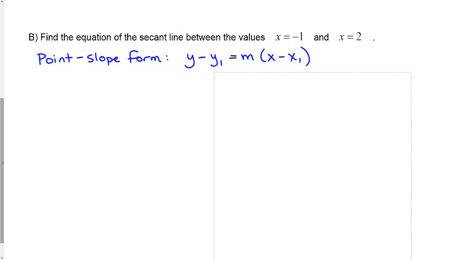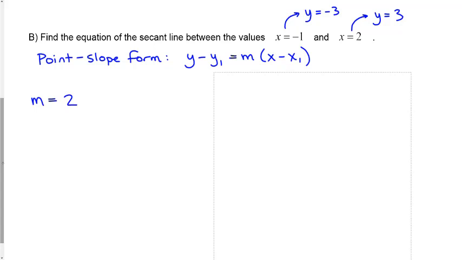Recall that the y values associated with negative 1, that was negative 3, and associated with 2, that was positive 3. Now, in order to come up with the equation of a line, I need my slope, and the slope we just found from calculating it through the slope formula, that was 2.